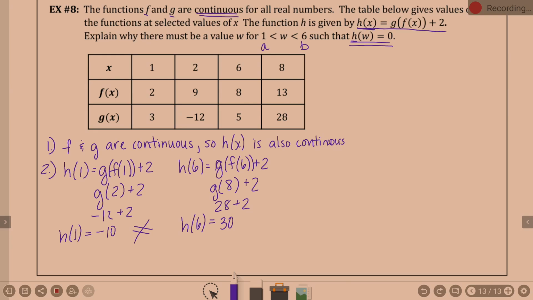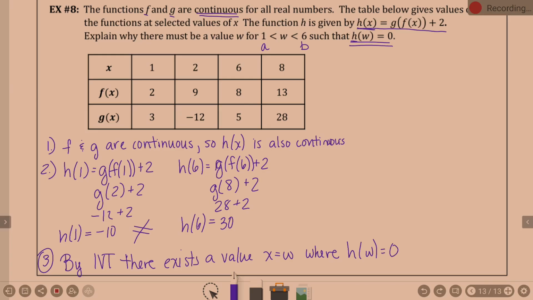So, by IVT, there exists a value. And I am going to say this time it's a value, what was it that they wanted? W. Okay, so x equals W where h of W equals 0.